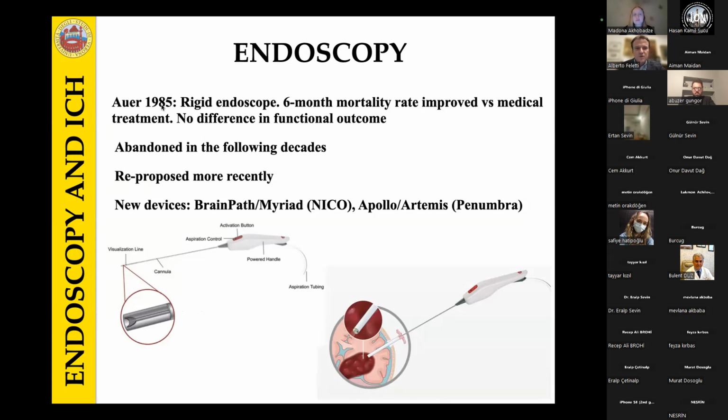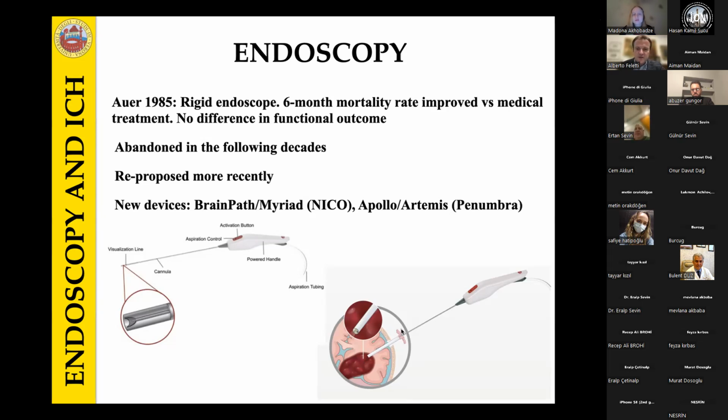To be honest, it was initially proposed many years ago by Auer, who used a rigid endoscope, but this technique was very soon abandoned in the following decades. Recently it has been reproposed, sometimes coupled with devices like the BrainPath Myriad or the Artemis device, which allow you to break down the stiff clots.